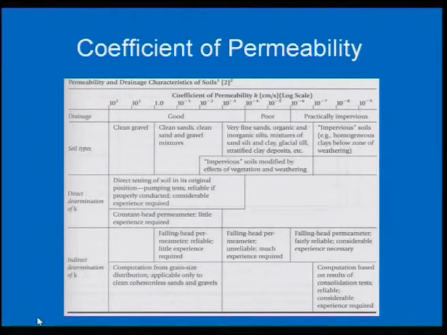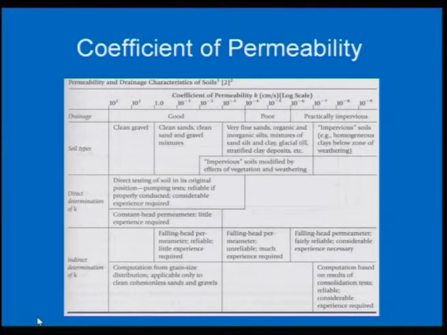Now, permeability and drainage characteristics of soil, part 2. If I classify this coefficient of permeability, try to understand this chart. I am making it from bigger size, permeability in cm per second, 10 square to 10 to the power minus 9. I put it on a scale 10 square to 10 to the power minus 9. So, see how widely the coefficient of permeability varies.